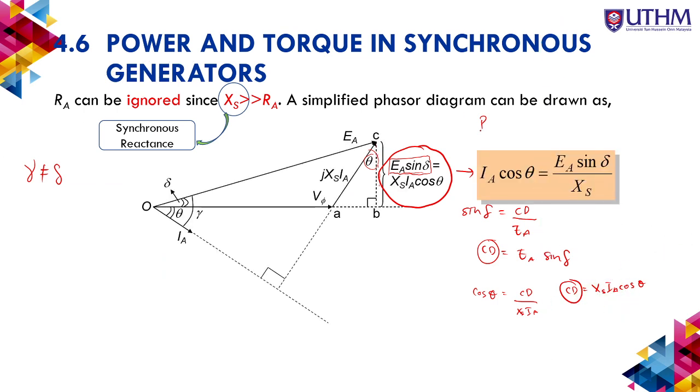Ni V out equal to VT IL cos theta. Okay, so kalau Y connected, so IL equal to IA. Okay, IL equal to IA kan, kalau Y connected.